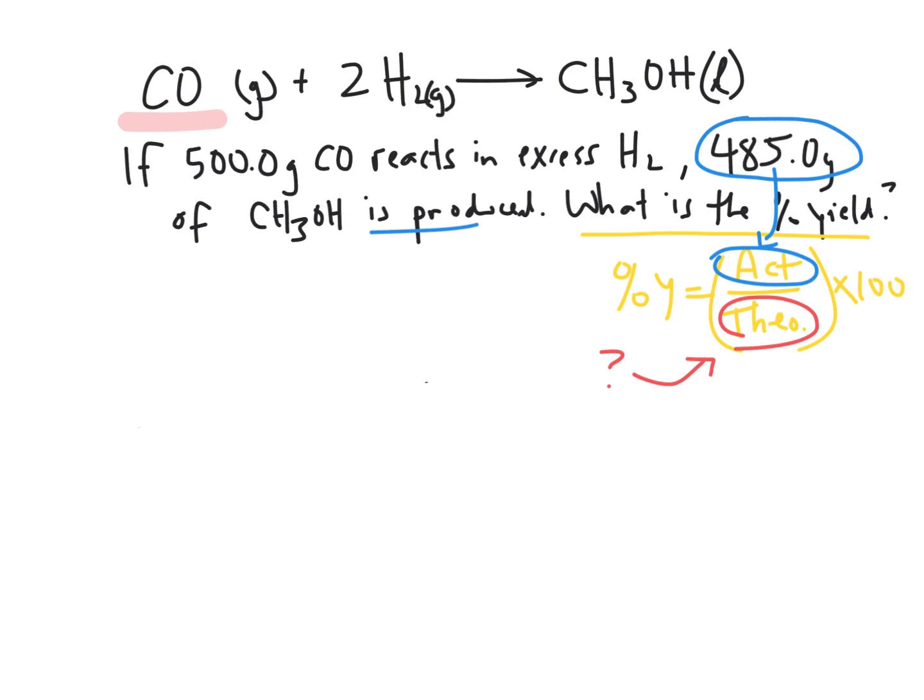To determine the theoretical yield, the question basically is how much product is produced. And to know how much product is produced, we have to use the limiting reagent. So you can pause the video for a second and ask yourself, which one of these reagents is the limiting reagent? All right, if you looked at this, you would see that they tell us in the question we have excess H2, so we have plenty of this.